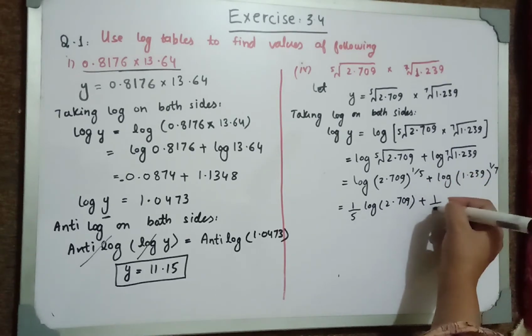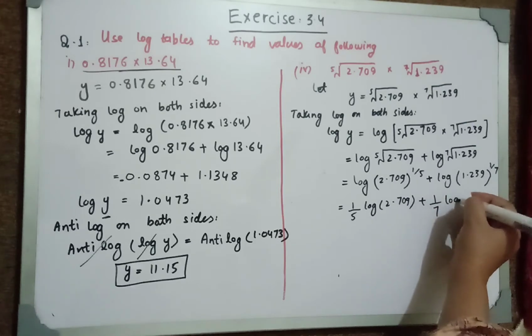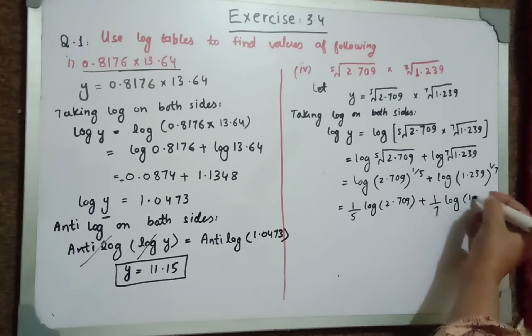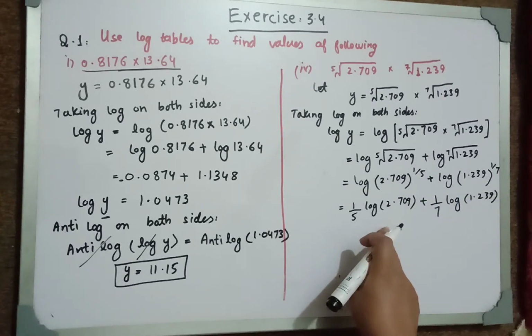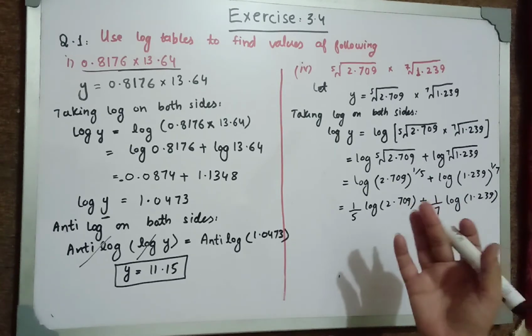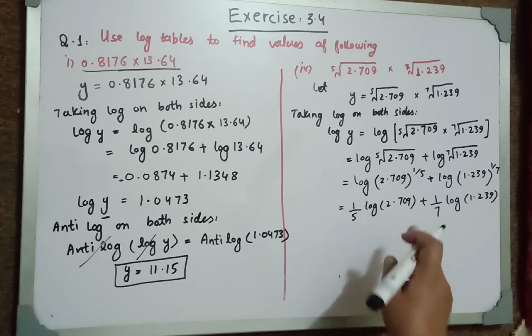So I will write here 1 over 7 log of this number, 1.239.